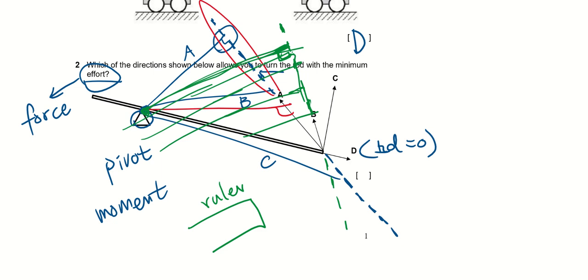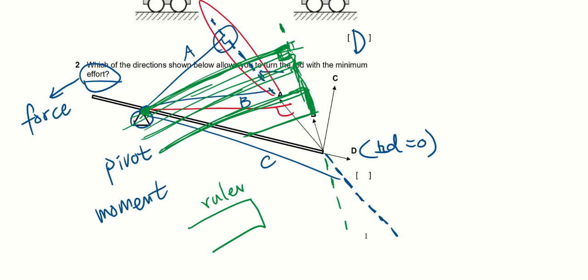Do ask me to show you in person if you don't understand. So I say this again: you put a ruler with your edge touching this line of action of the force, and you slowly slide it until eventually it touches your pivot. And when it touches, this will be the perpendicular distance.